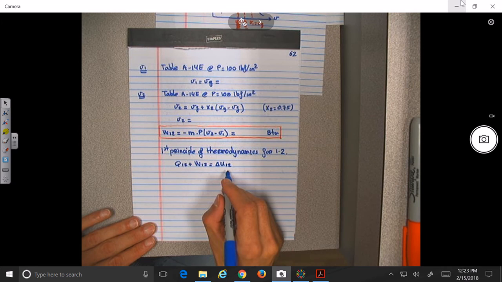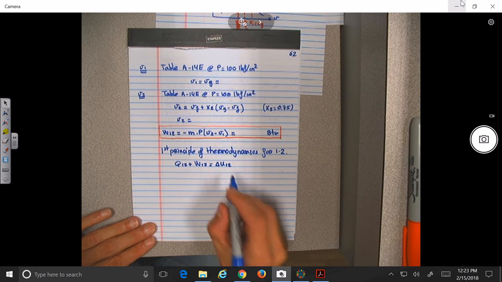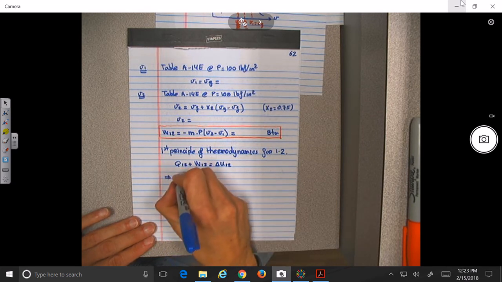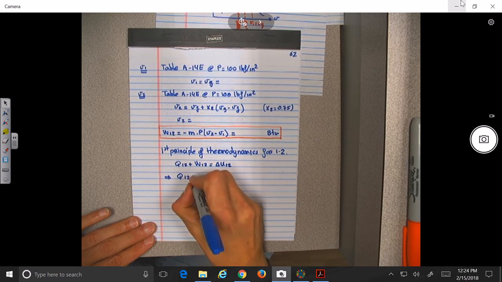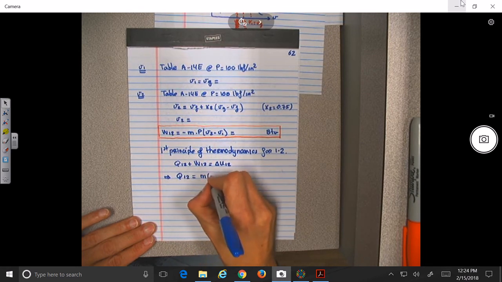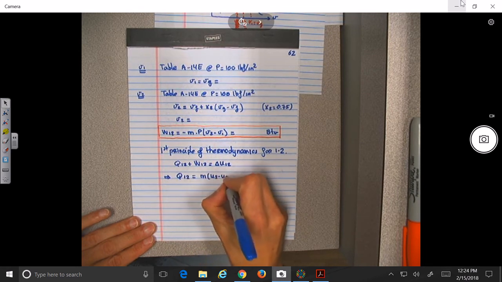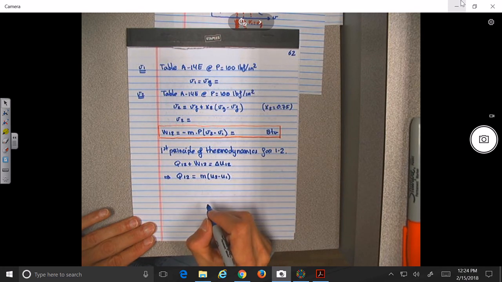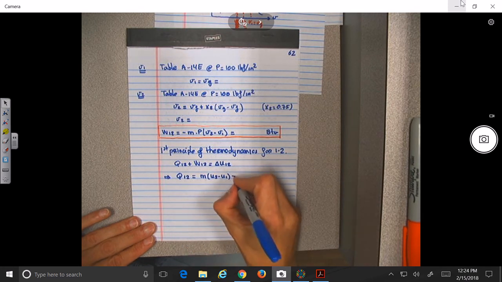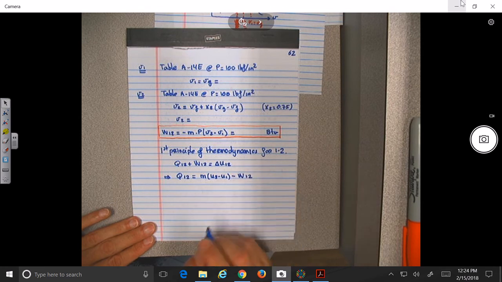Change in internal energy. Okay? So we'll have Q1-2 will be equal to m times (U2 minus U1) minus work 1-2.